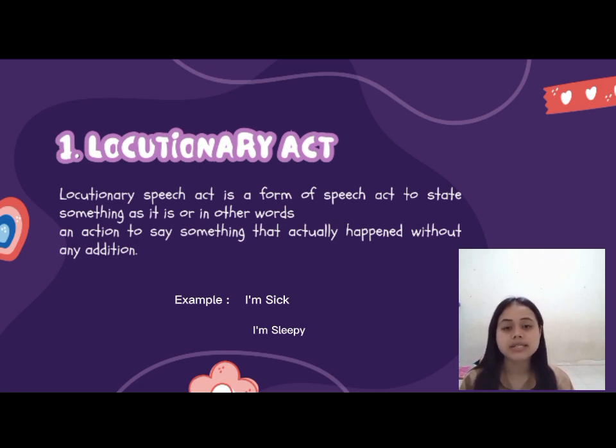The speech is intended as a statement from the speaker. The second statement, I'm sleepy, means the feeling of wanting to sleep without any additional purpose, such as wanting to sleep or do something that can relieve the feeling of not being able to sleep.